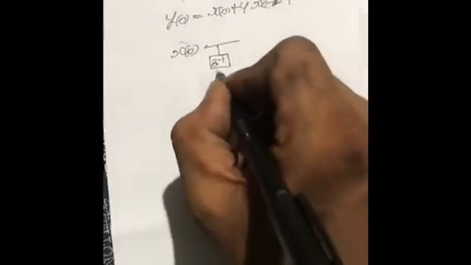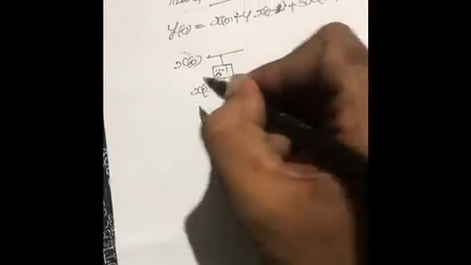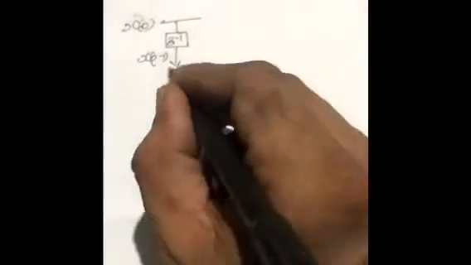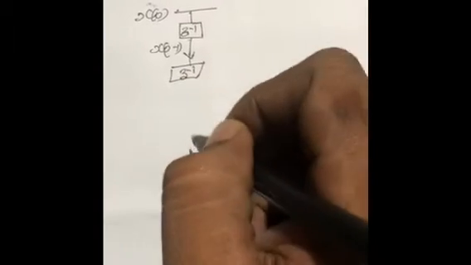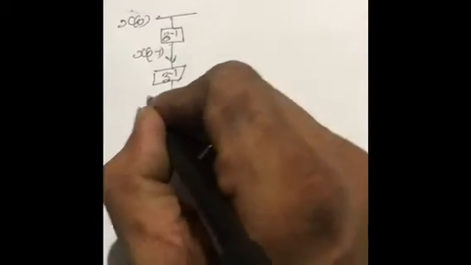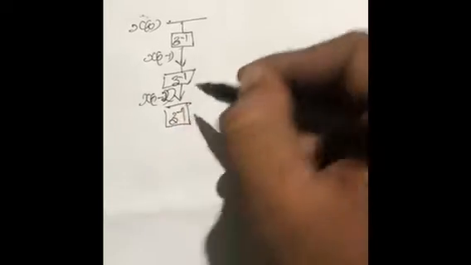From that z^-1, we got a delay x(n-1). Again I use another delay z^-1. From there we got x(n-2). Again I use z^-1.